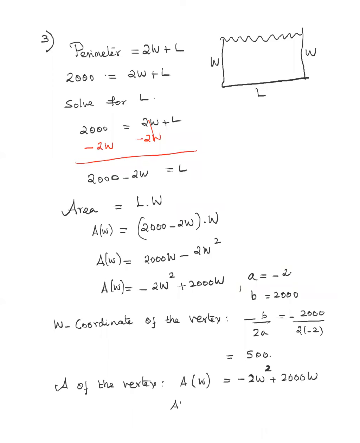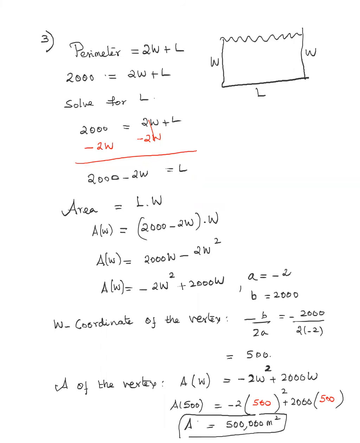So A of 500 equals... the maximum area we would get is 500,000 meters squared. So the largest area that can be enclosed is 500,000.